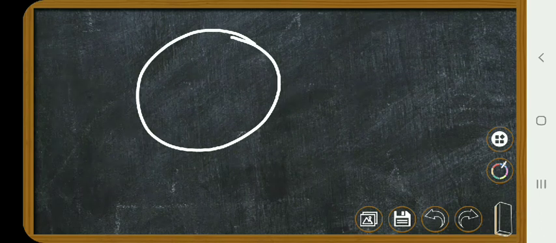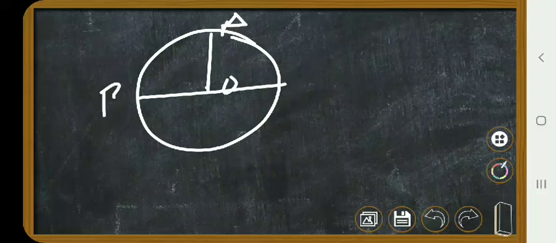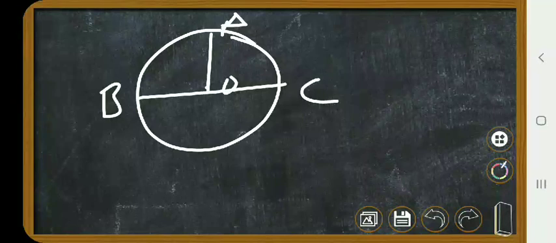Sorry, I'll draw once again for you. Suppose this is O, the center, and this is A. Now I'll draw one more, this is B and C. So this line length BC is called a diameter.